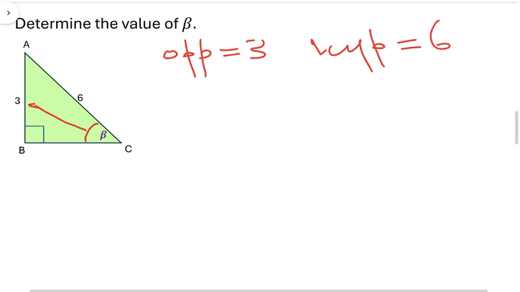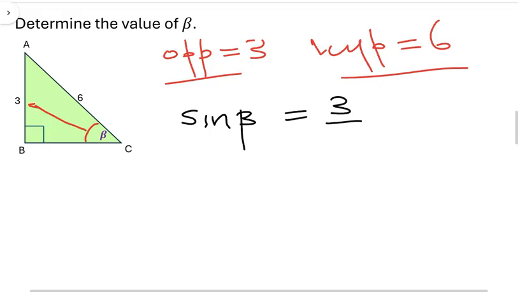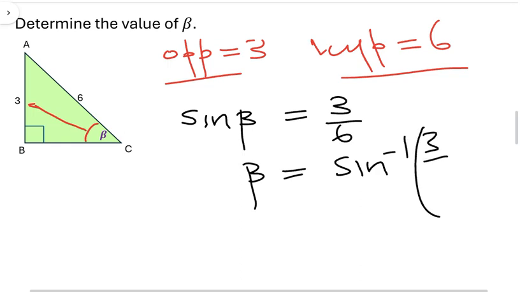So if you look at the information that you have, you can see that this is related to the sine function. So you write sine of beta gives me 3 over 6. But I am looking for beta, so beta would be equal to sine inverse. Then I substitute the ratio, and I get that beta is 30 degrees. Let's move.